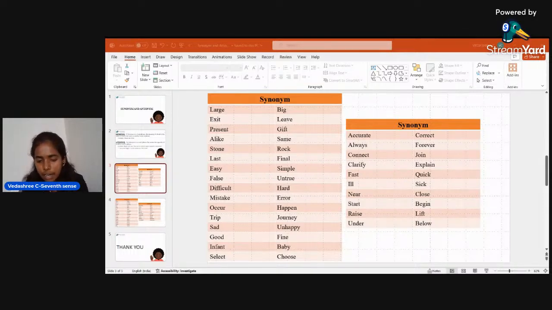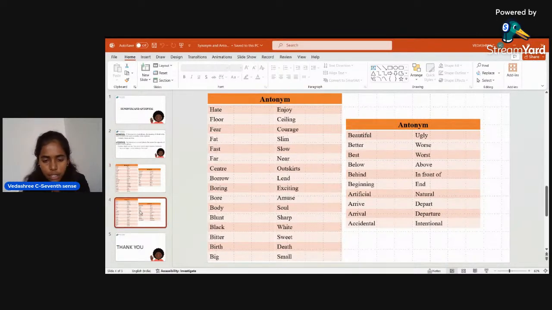Next I'll share some list of antonyms here. Antonyms, that is opposite words. So these are the list of opposite words. So antonyms are nothing but opposite words. So here, hate, enjoy.